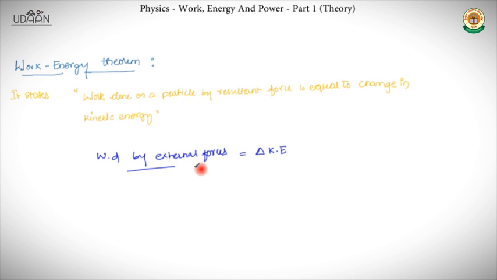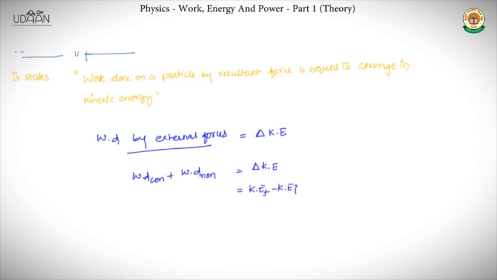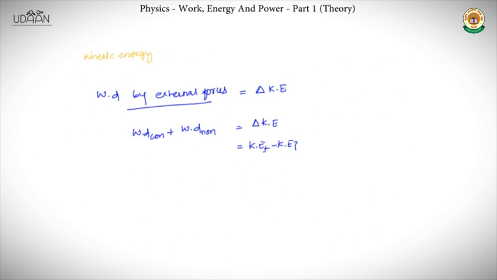So work done by all external forces includes work done by the conservative forces and work done by the non-conservative forces. That is equal to the change in kinetic energy, KEF minus KEI, final kinetic energy minus initial kinetic energy.